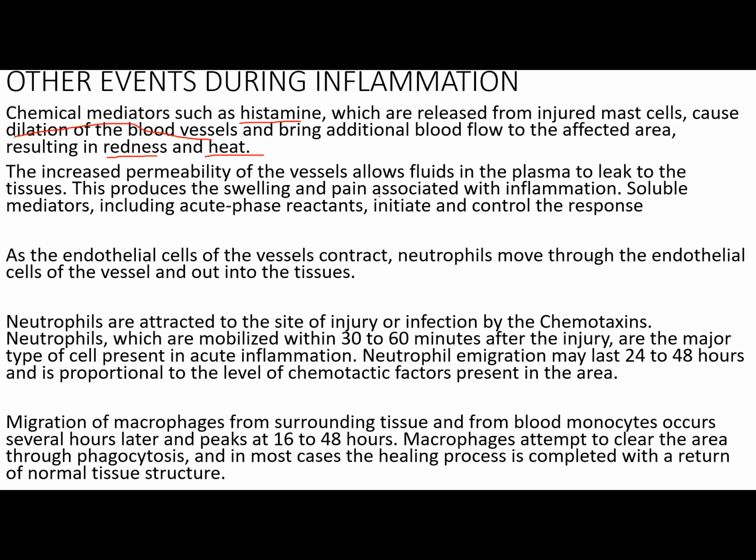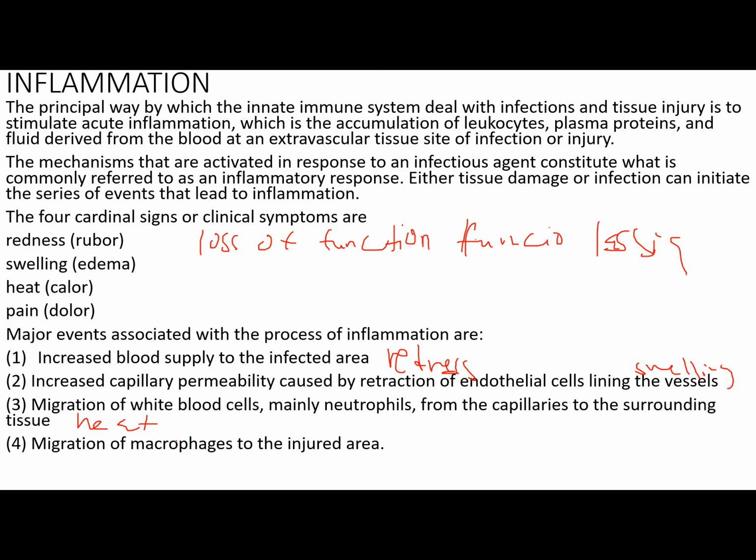This produces swelling and pain associated with inflammation. Soluble mediators including acute phase reactant would initiate and control the response. So kapag increased permeability pala class, there would be swelling and even pain. So aside from swelling, dapat meron din tayong pain dito sa number 2.